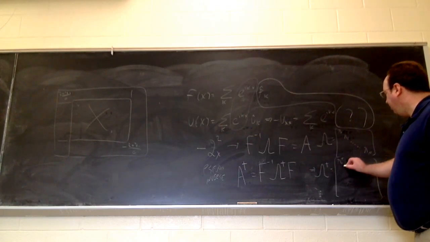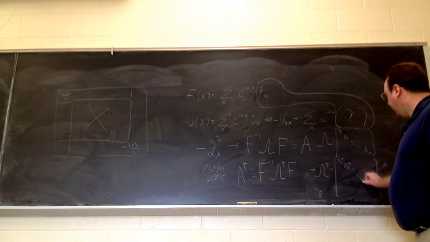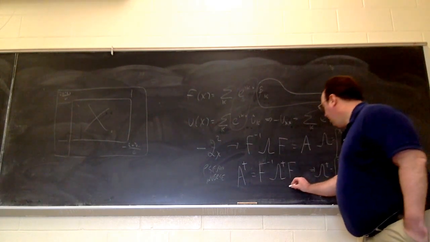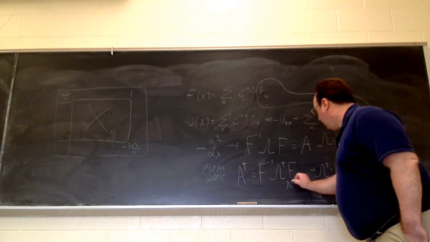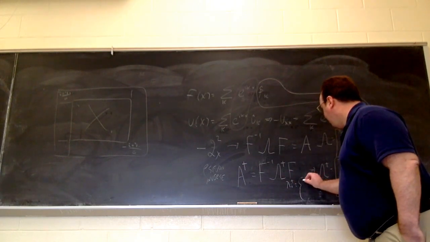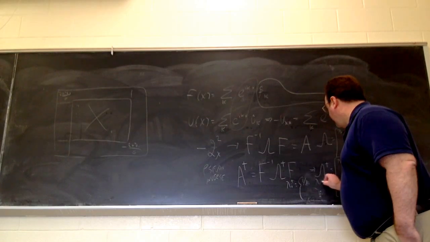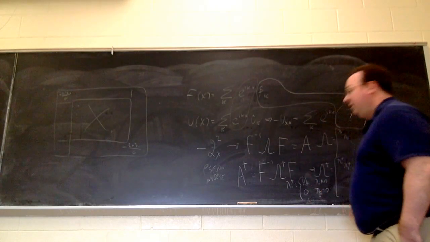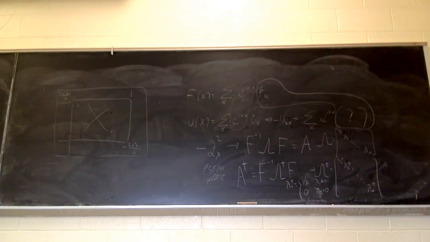I'll use a plus symbol again, where for a number, lambda i plus is equal to 1 over lambda i if it is non-zero, or 0. So that's how you do a pseudo-inverse. You take the reciprocals of the eigenvalues like you would for a regular inverse. If it's 0, you just put in 0.